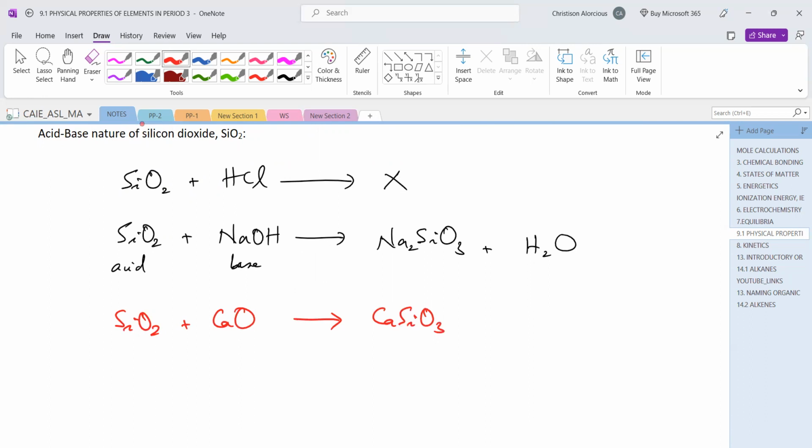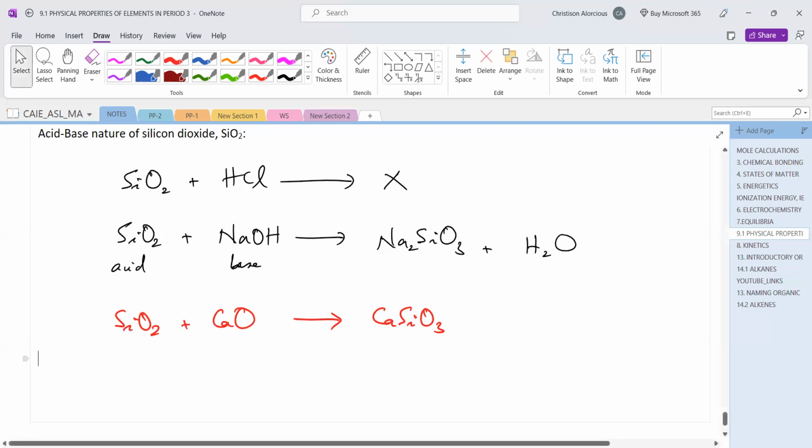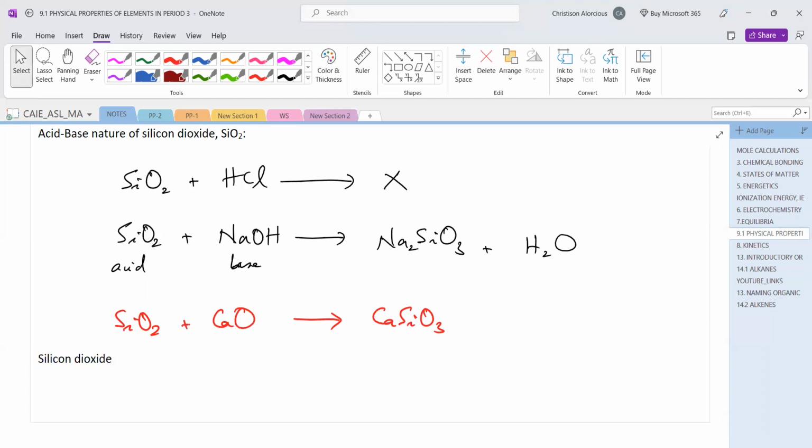That again is a neutralization reaction showing that silicon dioxide is acting as the acid. Hence, silicon dioxide, SiO2 or silicon 4 oxide, is an acidic oxide.